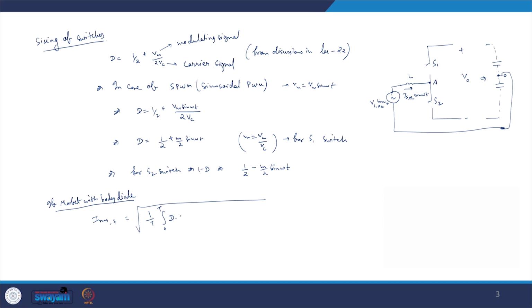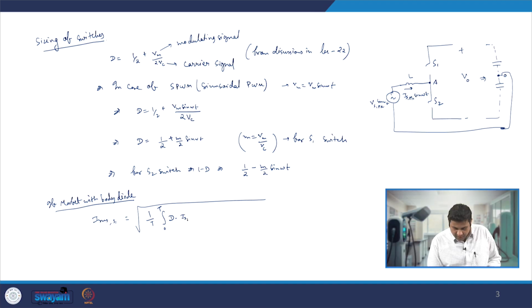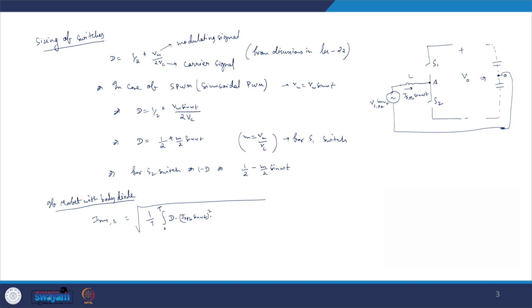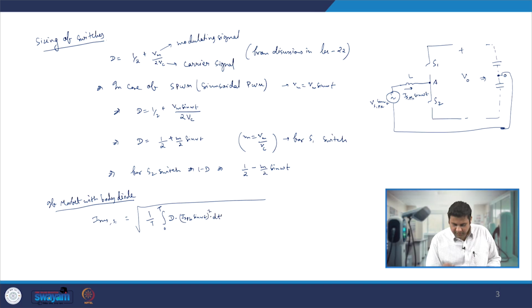So we have D times Is peak sin omega t squared dt, and this we can put as 1 by T, integral 0 to T, of 1 by 2 plus m by 2 sin omega t, times Is peak sin omega t squared dt.